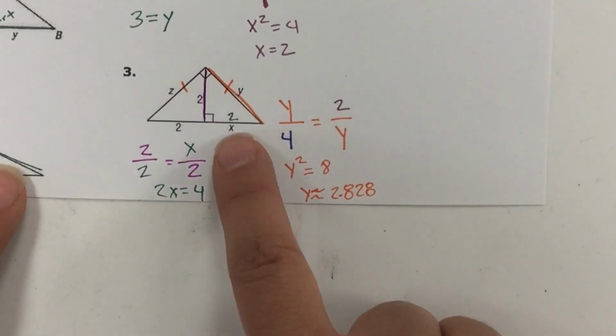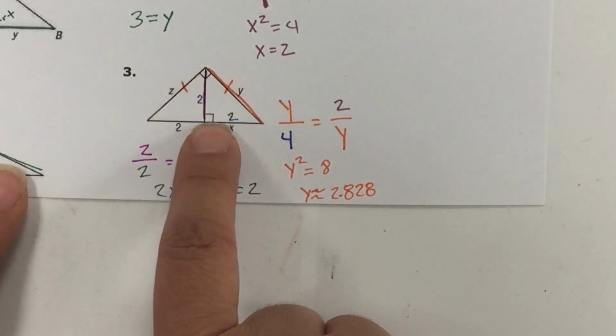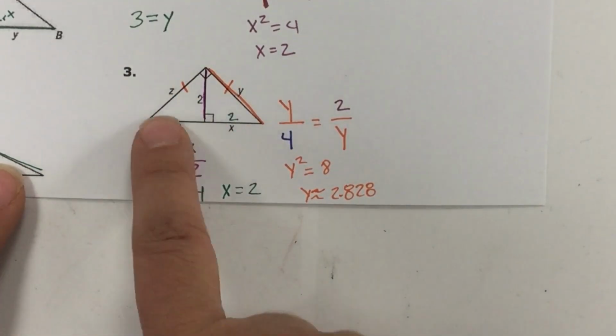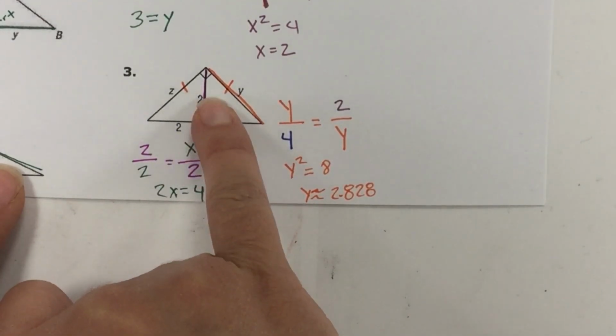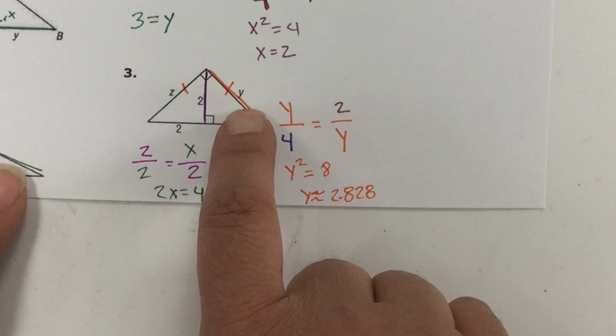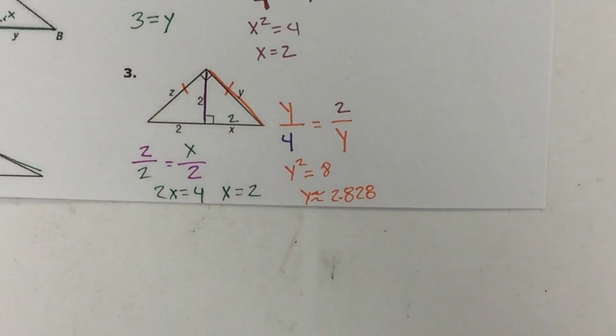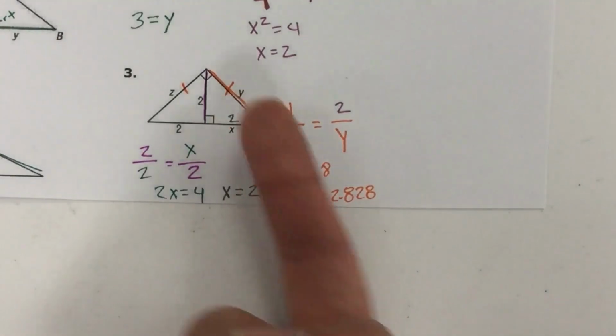And so if x is 2, the altitude is 2, and this is a 90-degree angle, I know these two triangles are congruent by side, angle, side, which means y and z are congruent to each other. So I only need to solve for one of them, and I went ahead and chose y.